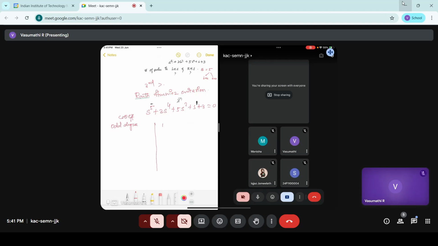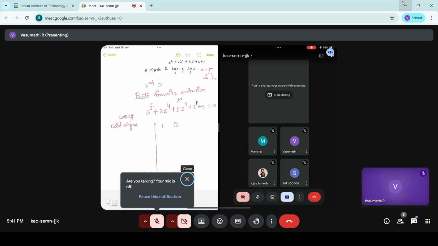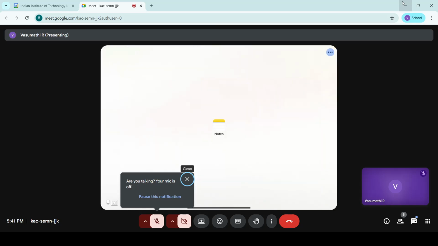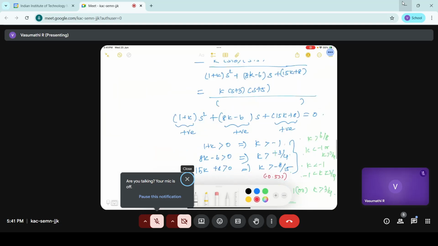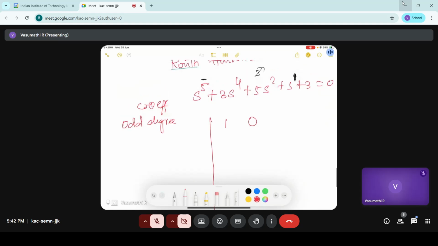The coefficient of s power 5 is 1. There is no s cube, so I'm putting 0 for it, and the coefficient of s power 1 is 1.